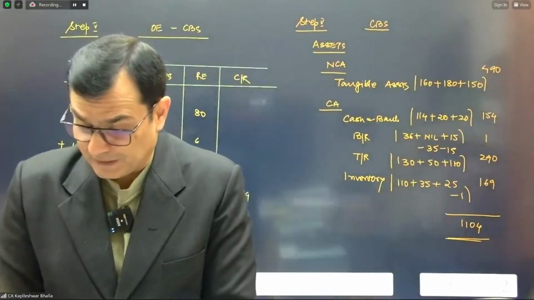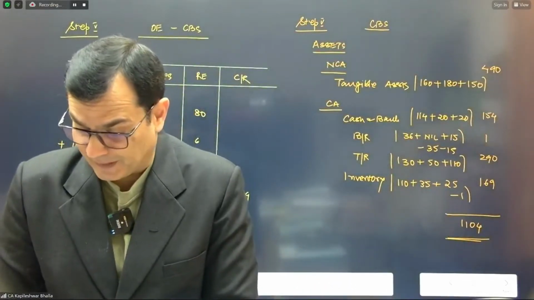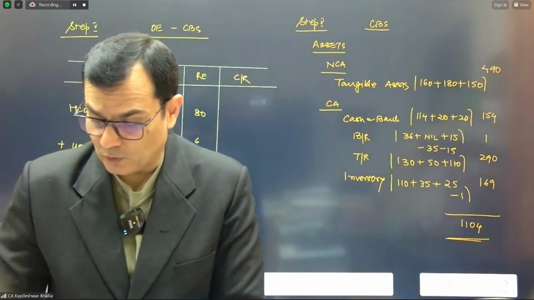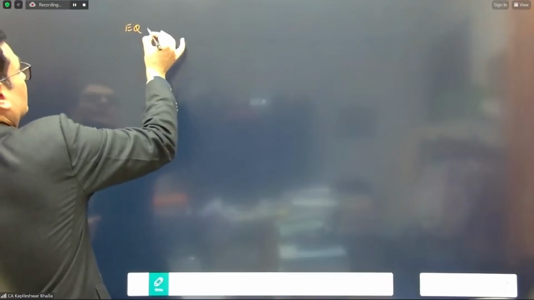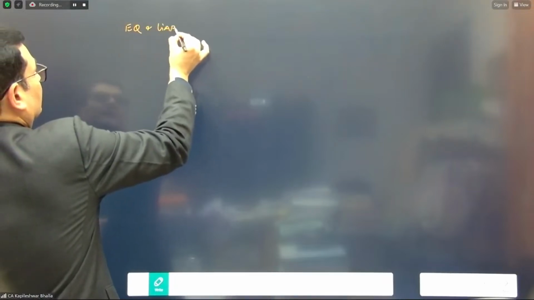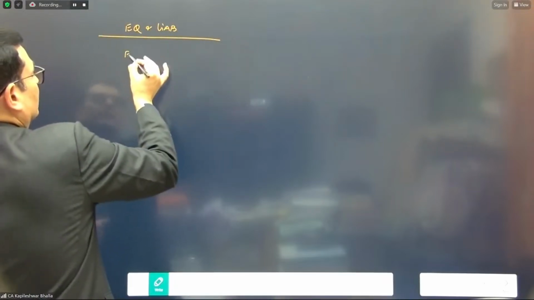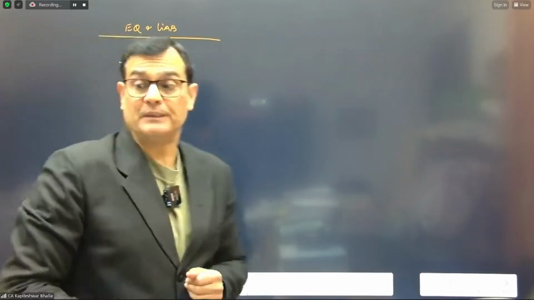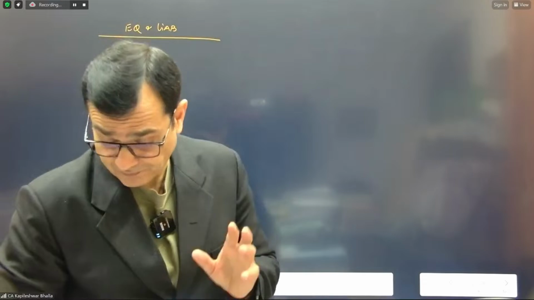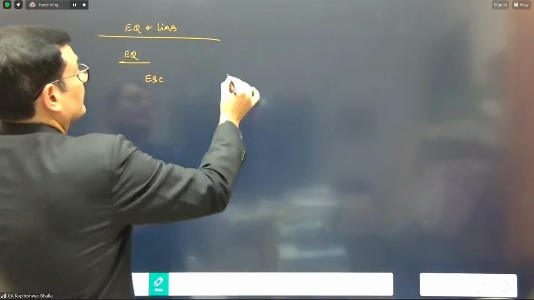Okay, now let's begin with the liability side of the balance sheet as well. So let me now go on to the liability side, equity and liabilities. Let's begin with the equity side, equity share capital, only for the parent company, which is the top company. That's 300.